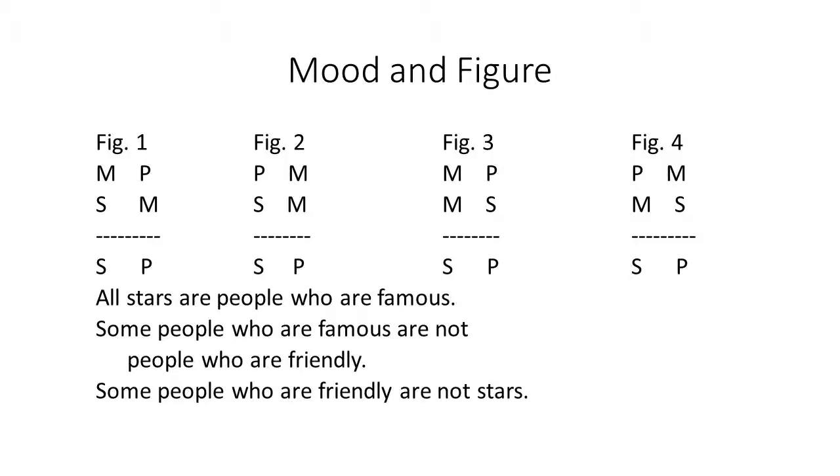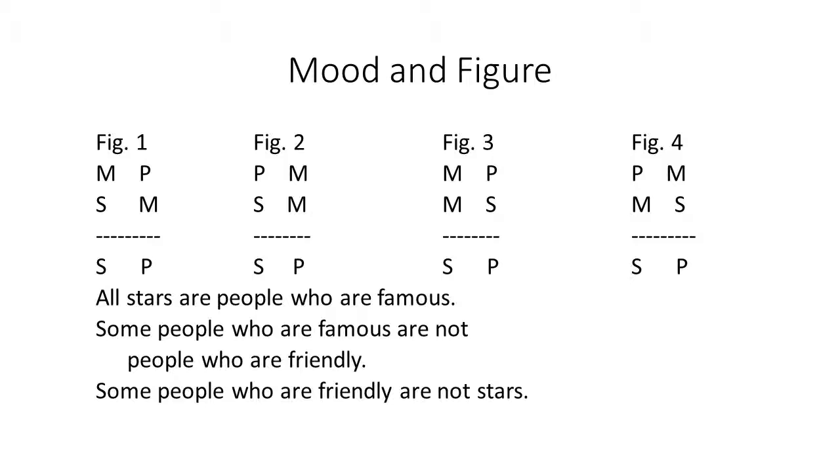And we need to know more than just the mood. The mood just tells us what sort of statement type we have and in what order: first premise, second premise, conclusion. We're missing some structure, and that missing structure is what's supplied by figure, where the middle term is relative to the predicate term of the conclusion, the subject term of the conclusion, and so on.